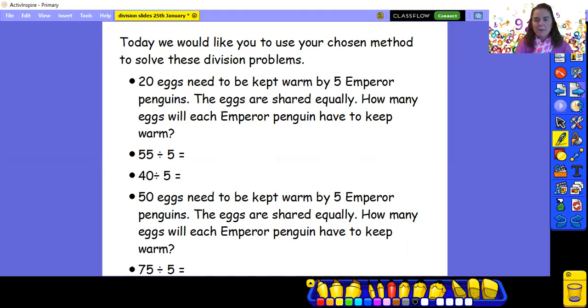So remember, with the word problems, you need to find the maths in it before you can solve it and write a division calculation. Okay, so once you have done these activities, we'd love to see your work, so send it to the Year 2 email. These problems are on the planning document on Padlet, but also I've put them up on the screen so you can pause this screen so they're up there in front of you.